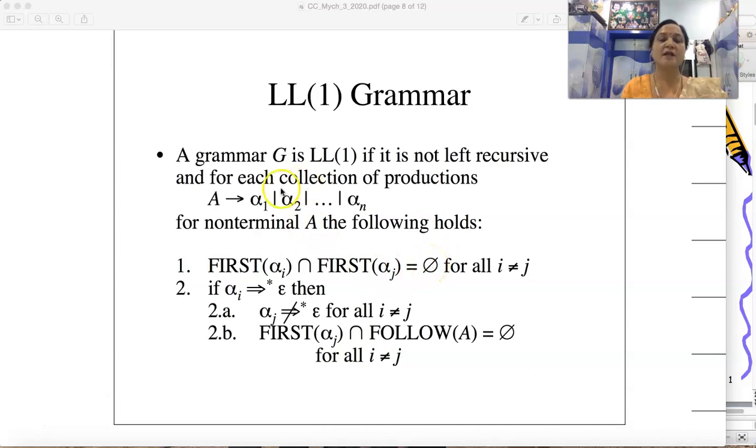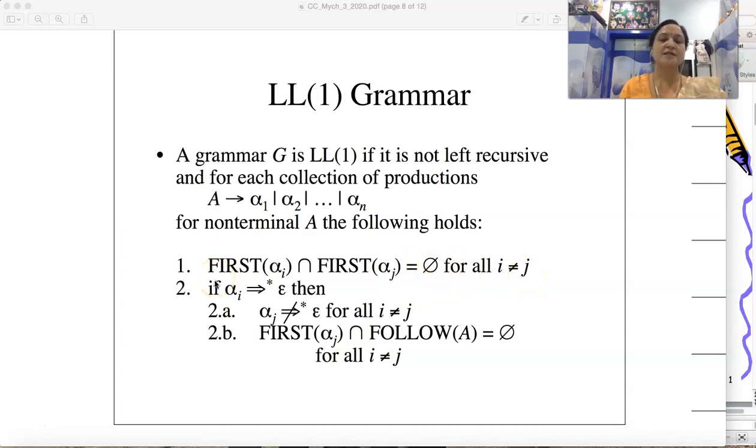What does it mean? That the starting of alpha 1, alpha 2, alpha 3, alpha n should not be the same, because if it is the same then we need to go for left factoring, and this checks whether left factoring is required or not. If first of alpha i is the same as first of alpha j, then the intersection will not be empty. In that case left factoring will be required.